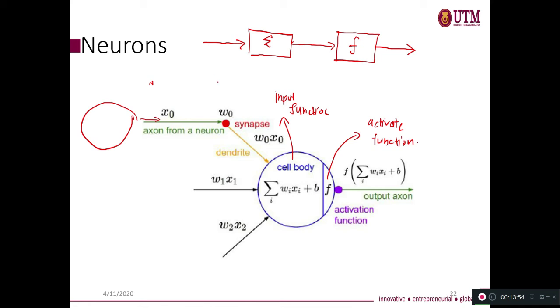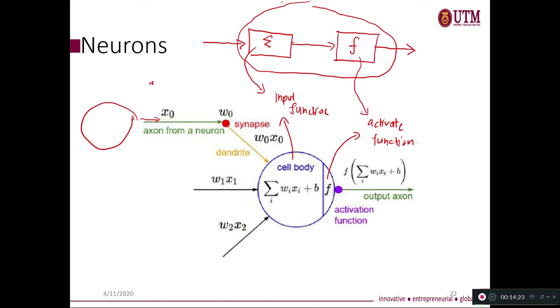So if you change this F, if you talk about a neuron, actually this model is a single unit of neuron. In this lecture, this is known as the input function, and this is known as the activation function.